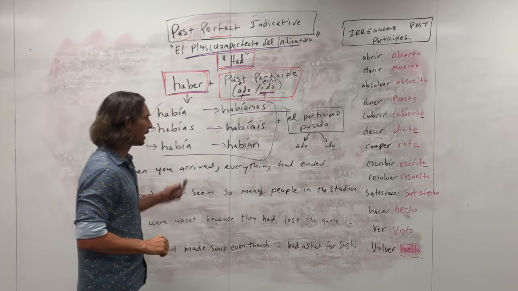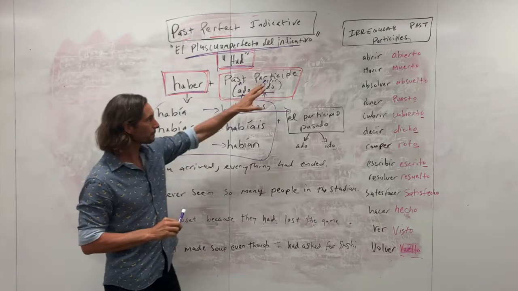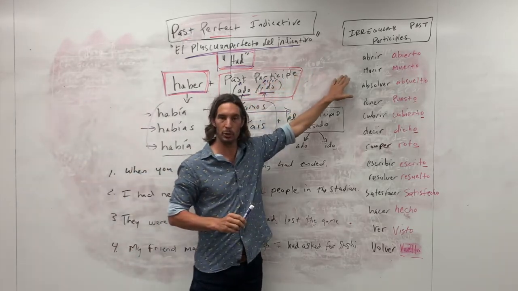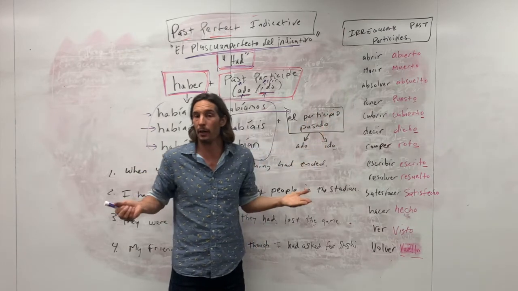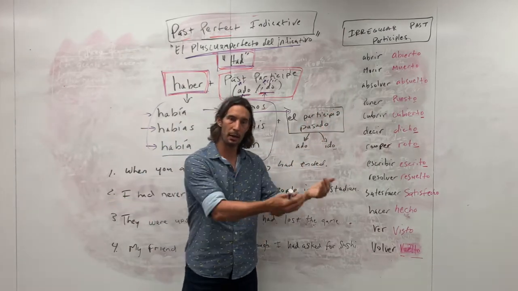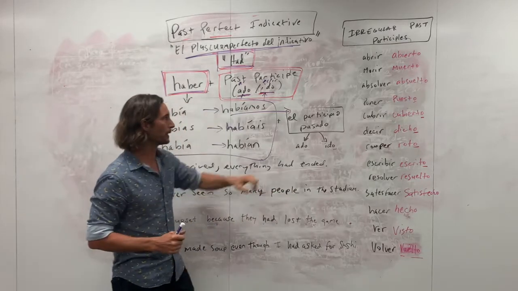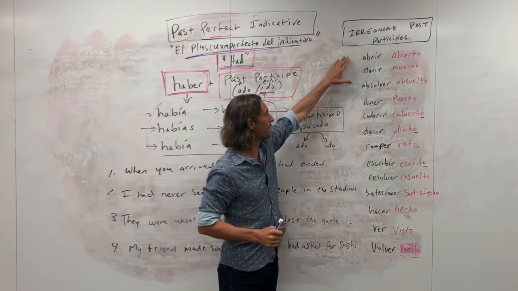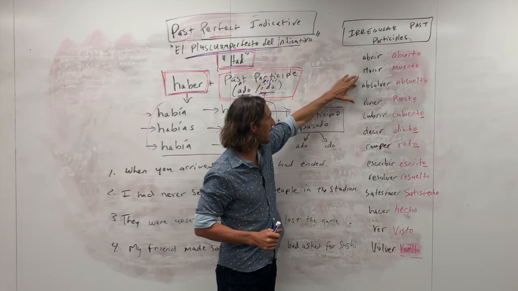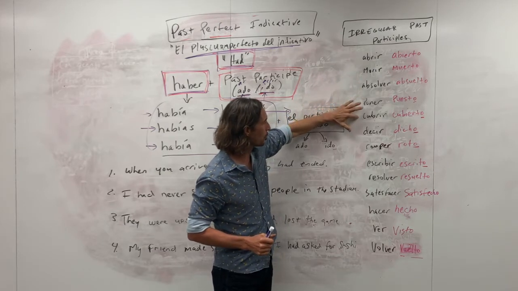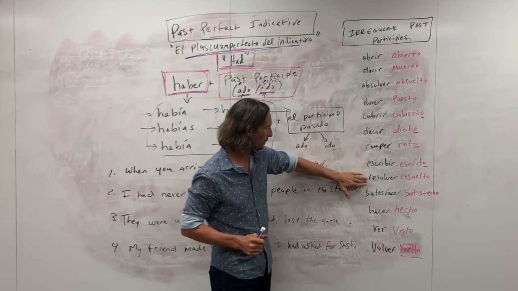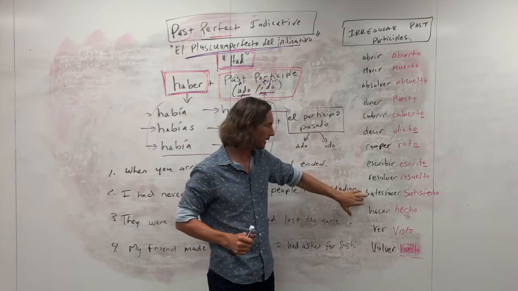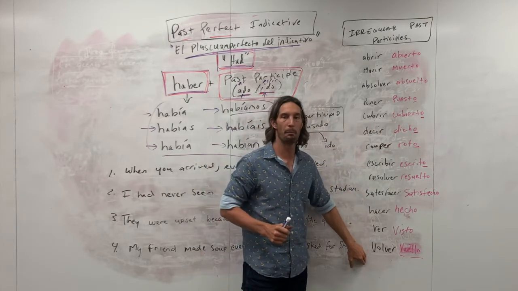I want to move over to the irregular past participles just to walk through these, look at what their irregular past participles are, and then I'll bring us back to finish with this. So we have here abrir, morir, absolver, poner, cubrir, decir, romper, escribir, resolver, satisfacer, hacer, ver, y volver.